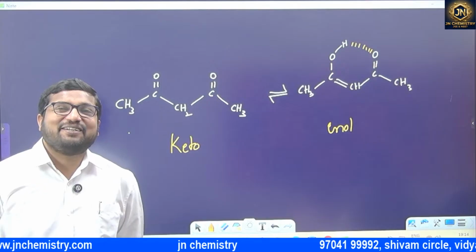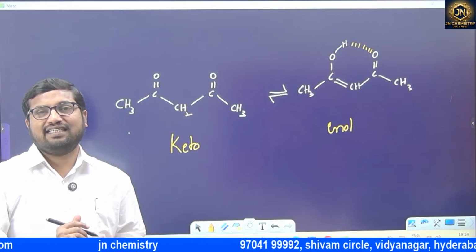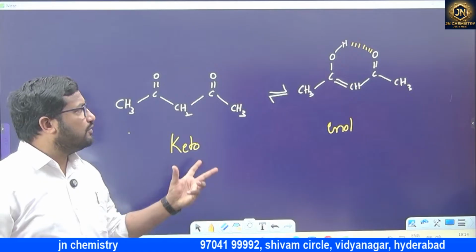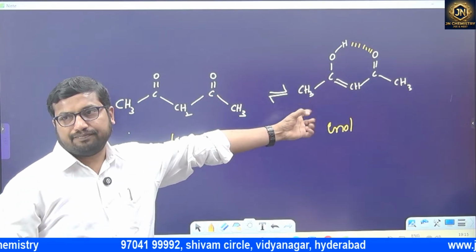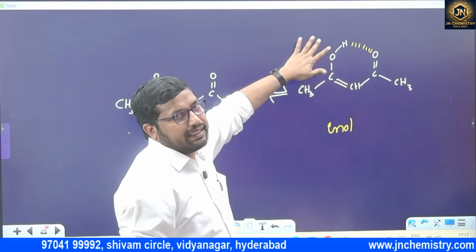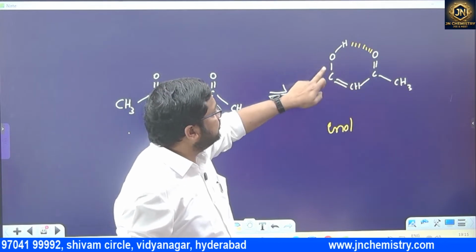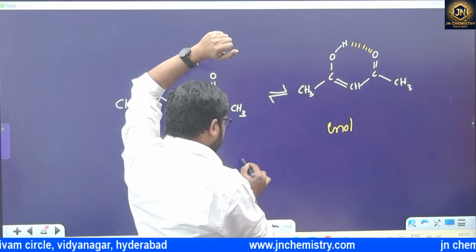Hello, come on, please tell me the answer. Is the keto form more stable or the enol form? It is obviously the enol form that is more stable, because in this case a 6-membered cyclic ring is forming: 1, 2, 3, 4, 5, 6-membered ring.